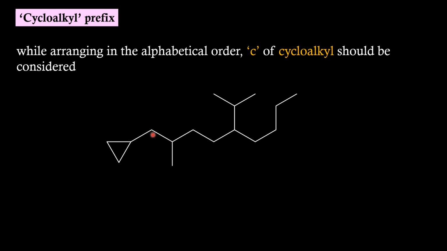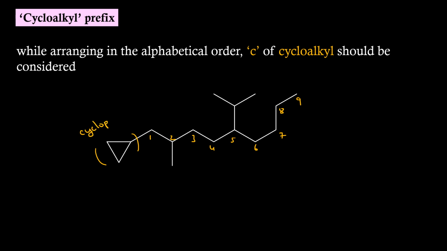In this molecule, this will be our longest chain. So if we try to number 1, 2, 3, 4, 5, 6, 7, 8, 9, at position 1 we have cyclopropyl as the substituent.